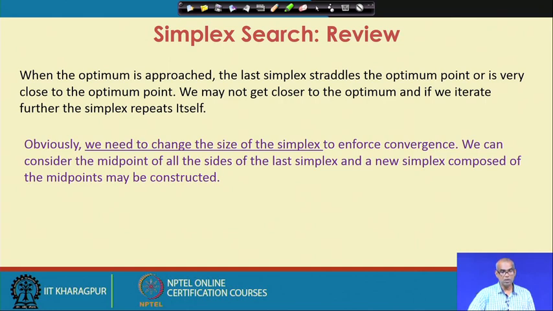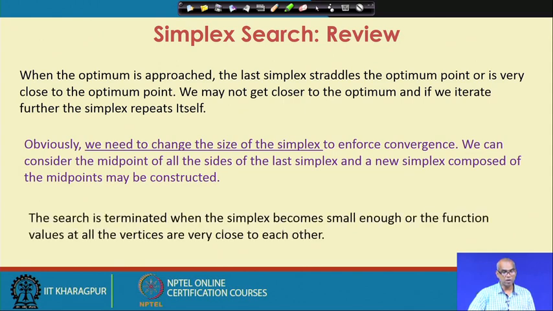We can consider the midpoints of all the sides of the last simplex, and a new simplex composed of the midpoints may be constructed. The search is terminated when the simplex becomes small enough or the function values at all the vertices are very close to each other. So, this is what we have learnt in the case of simplex search.